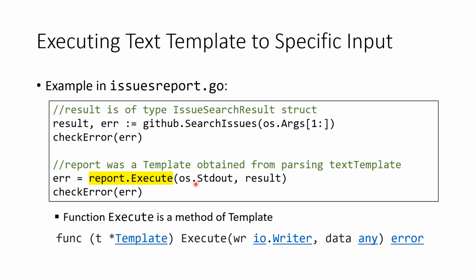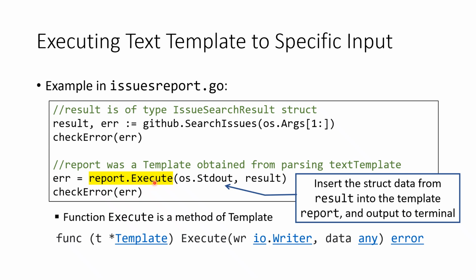So the call report.Execute with os.Stdout as the first argument and variable result as the second argument will insert the struct data from result into the template report and write the output to the screen.